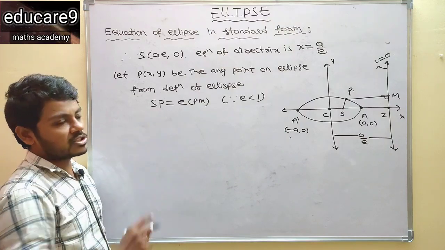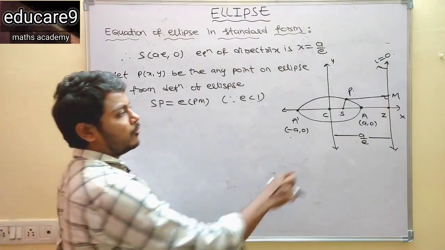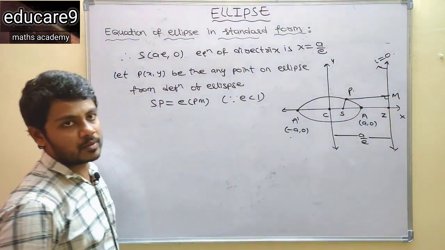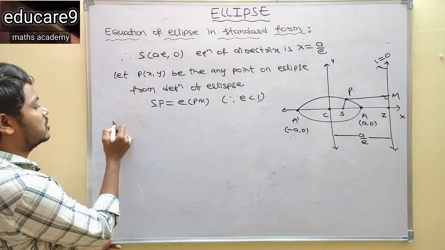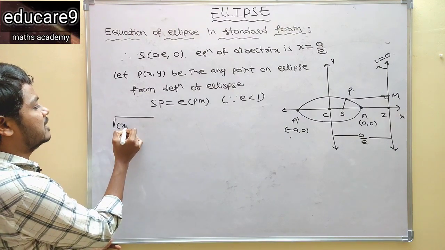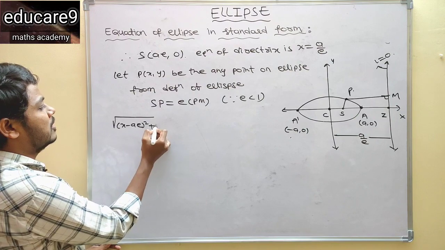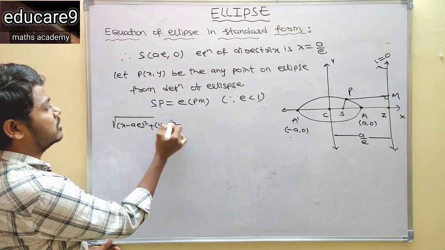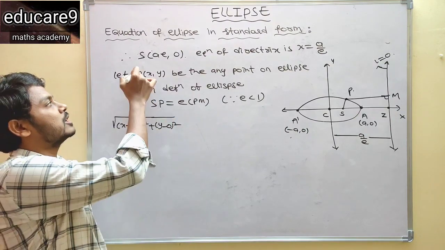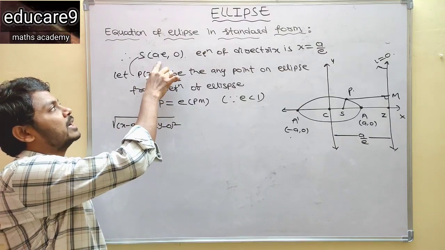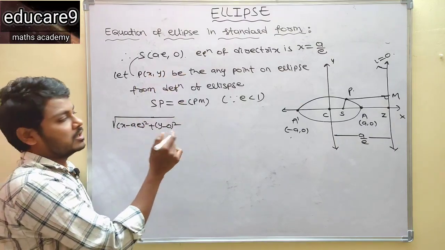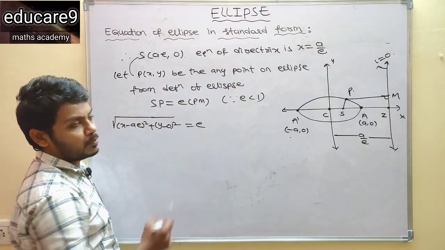Now SP denotes the distance between the focus and the point P, that is square root of (x minus ae) whole square plus (y minus 0) whole square. Distance between these two. So this is equal to e into PM.